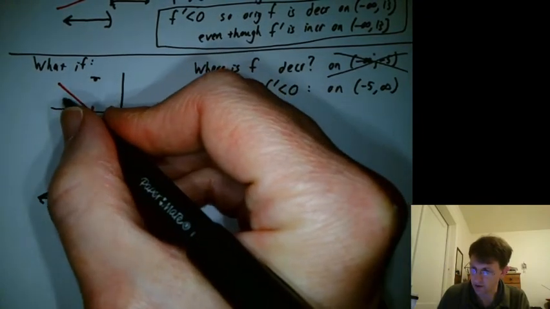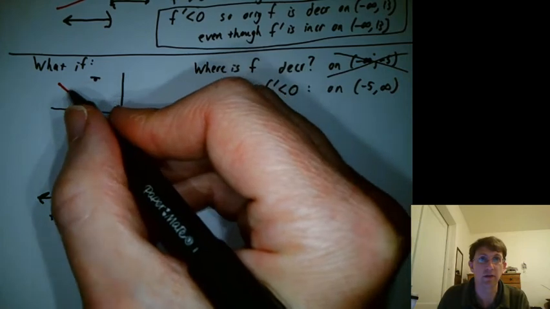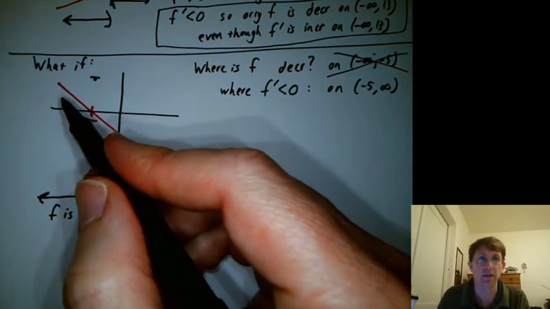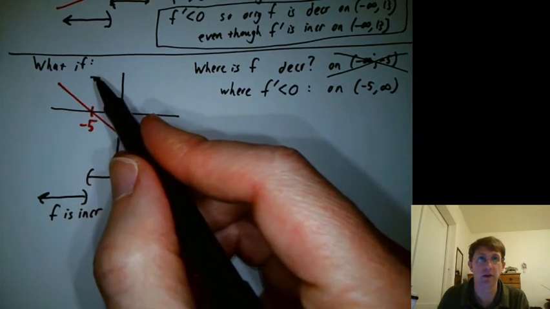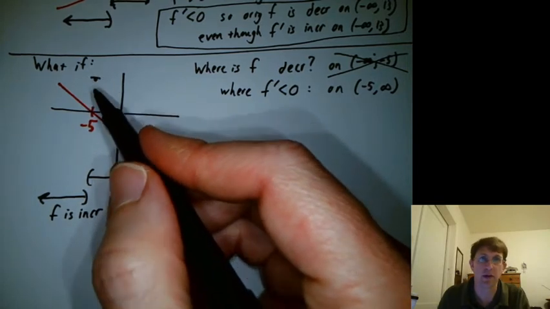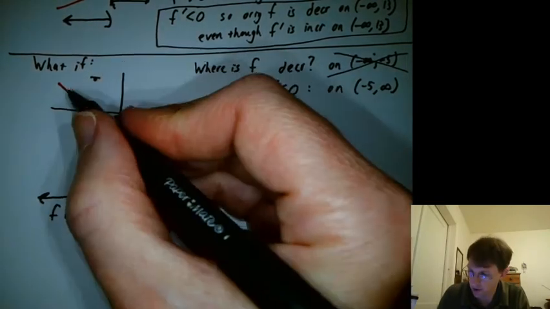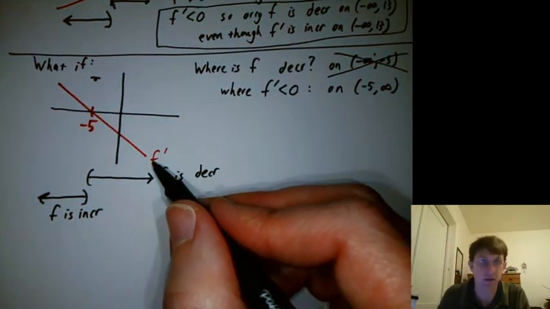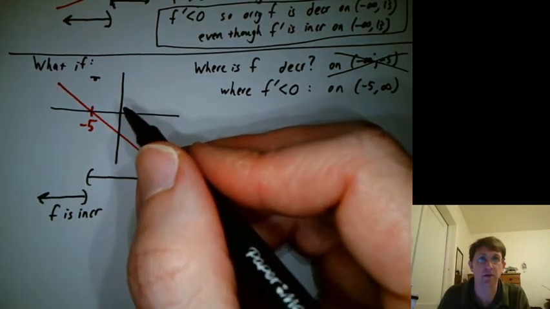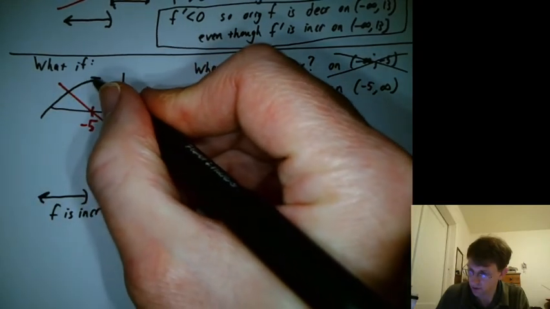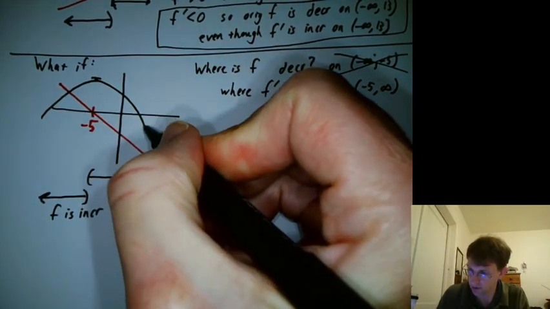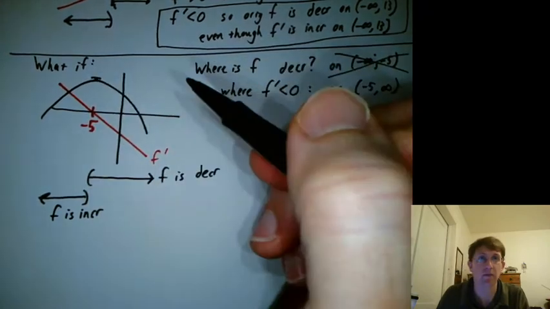And over here, now this gets tricky, the original function is increasing, so it has to be increasing like this to meet that point. That point could have been higher or lower, I just kind of picked a point. This is a straight line for the derivative, so the original function should be a parabola, peaking at that point.